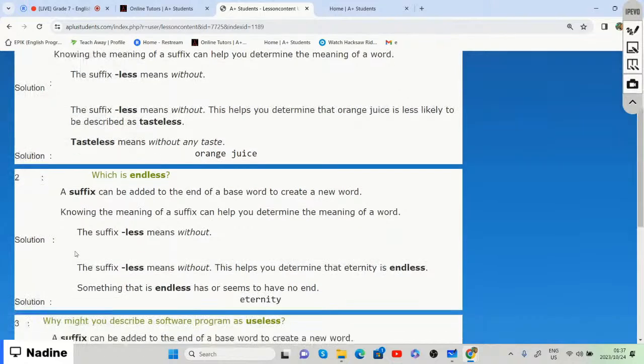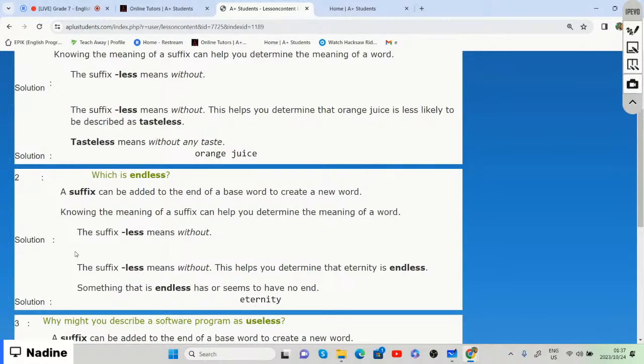And which is endless, meaning it is without end. It just goes on and on and on. And this helps you to determine that eternity is endless. Eternity is endless.